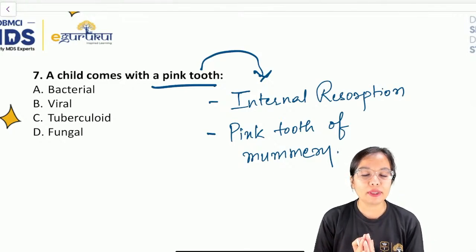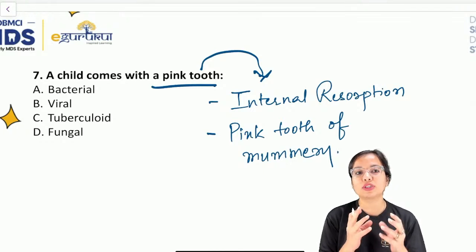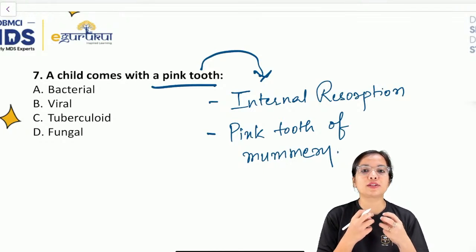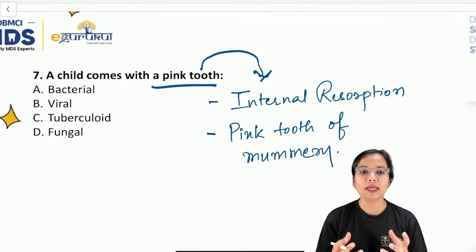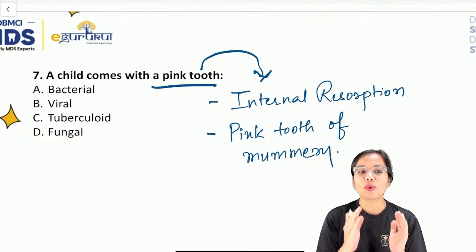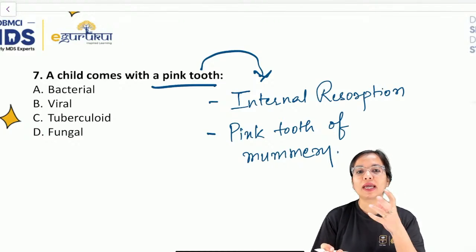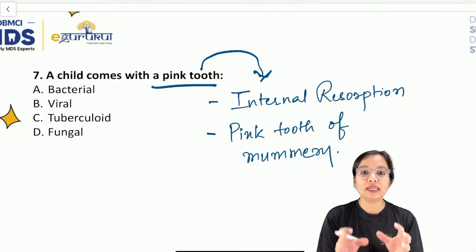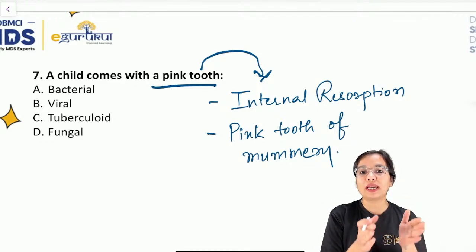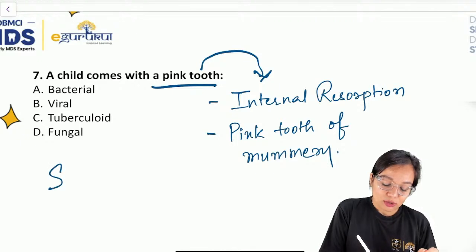Why does that happen? Because when there is internal resorption, there is spread of a component called heme, which is a component of the blood, across the tooth. Whenever that heme is lying around the tooth for a very long time, there are bacteria such as the streptococcus and the proteus bacteria.